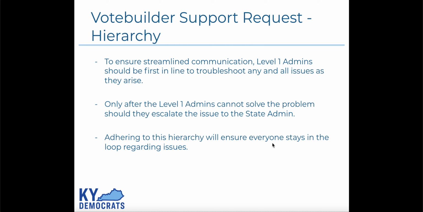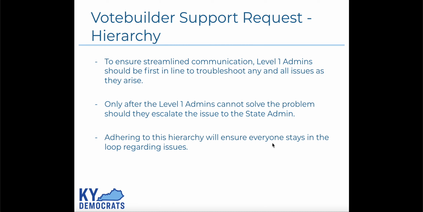Only after the level 1 admin can't solve the problem, then it should be escalated to the state admin, and it should be the level 1 admin escalating to the state admin, not anyone below them. And then just adhering to this hierarchy is going to make sure everyone stays in the loop. So the field director has an issue, puts it up to the campaign manager.